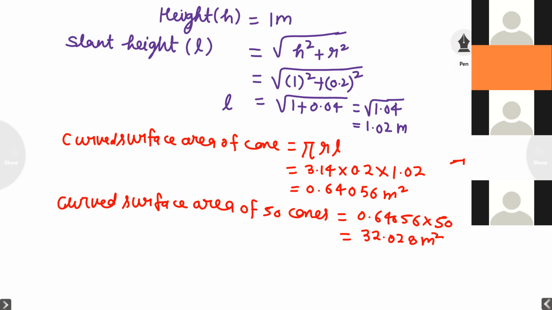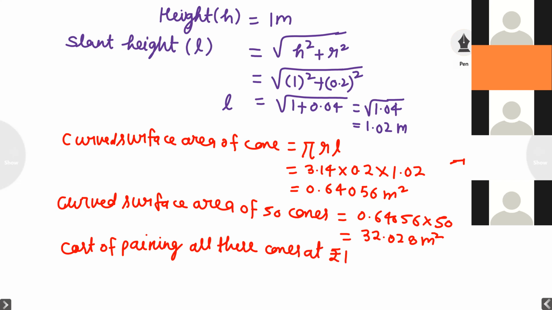Note down, cost of painting all these cones at rupees 12 per meter square is equal to 32.028 into 12, approximately equal to 384.34, approximate value 380.